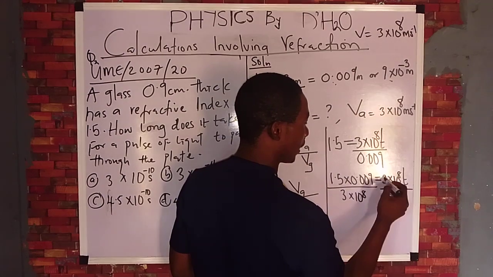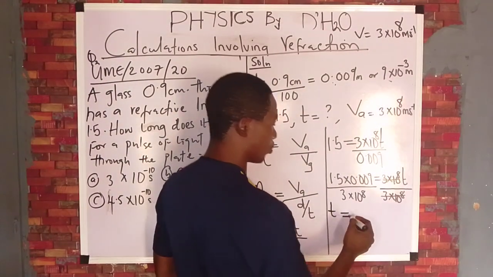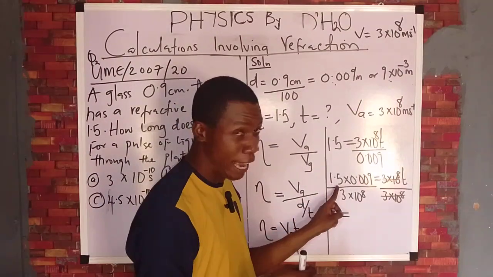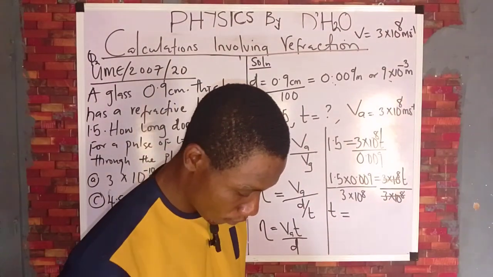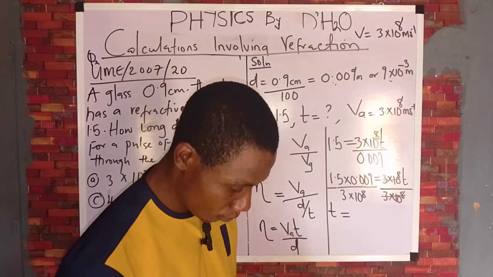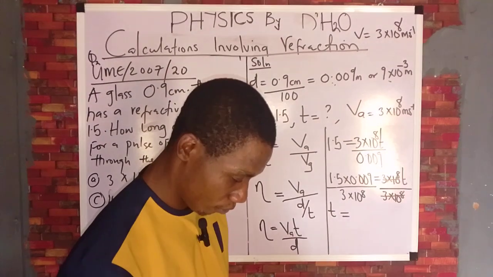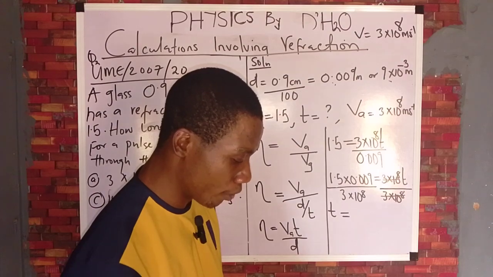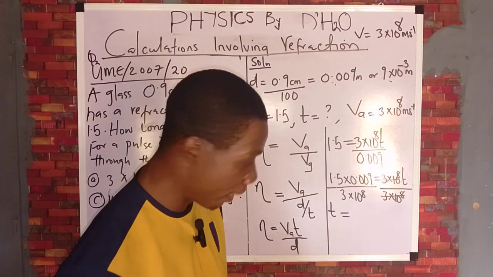So this can cancel this, so that your time equals, this is what we have to do first. We are going to multiply 1.5 by this value. So 1.5 times 0.009 will give us 0.0135.